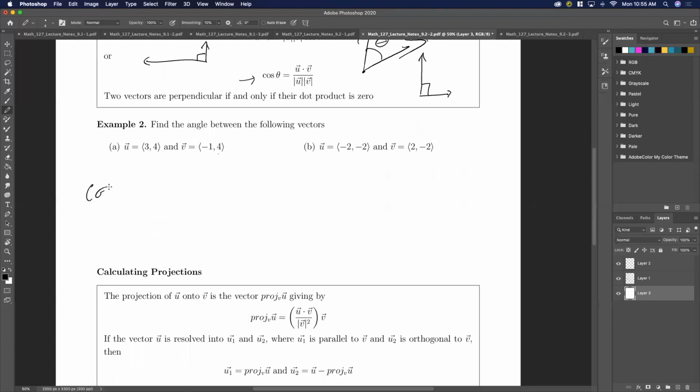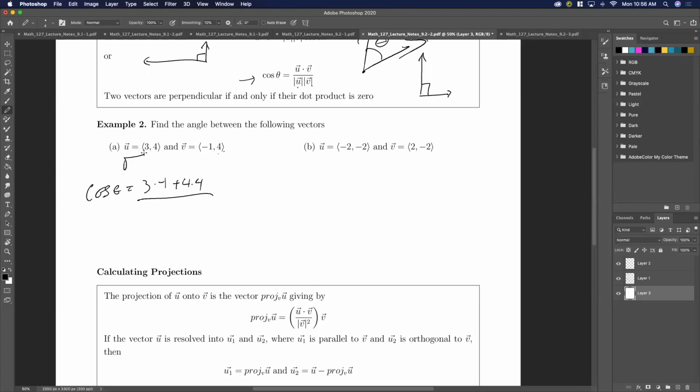So to find the angle, the cosine theta is equal to u dot v. So u dot v in this case would be 3 times -1 plus 4 times 4, all over the magnitude of u and the magnitude of v.